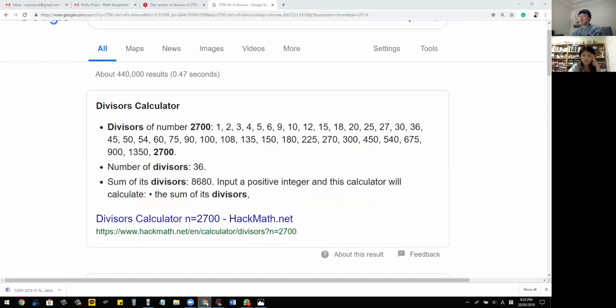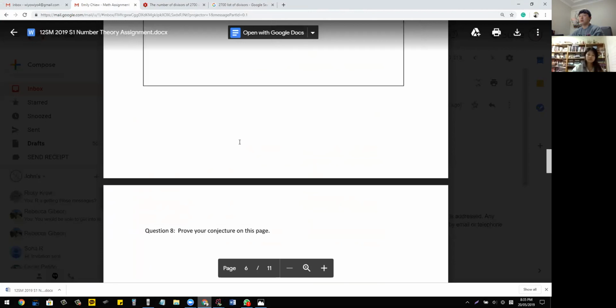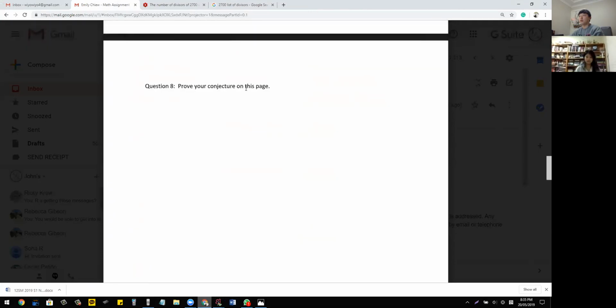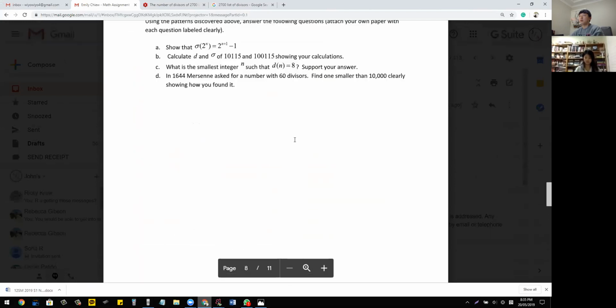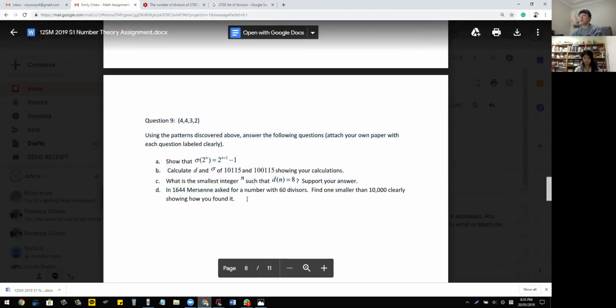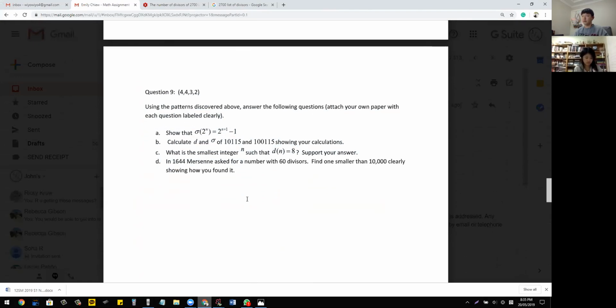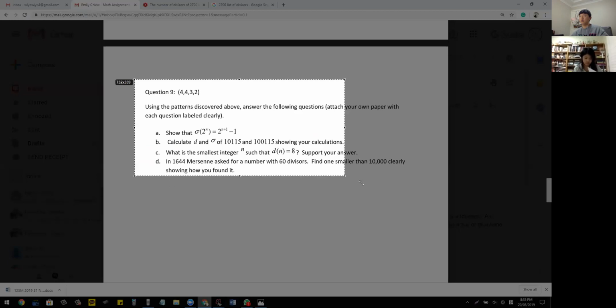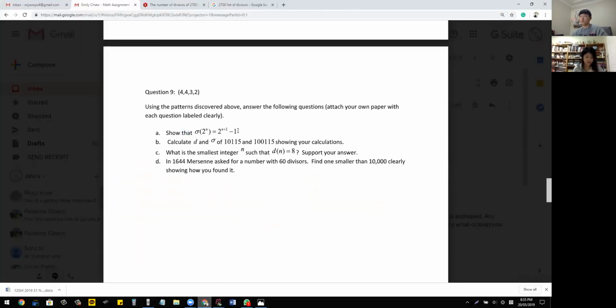Now, going back to the assignment. Next part is prove the conjecture. Did we do this part? No. We didn't? So I think for that part you have to use the stuff from.